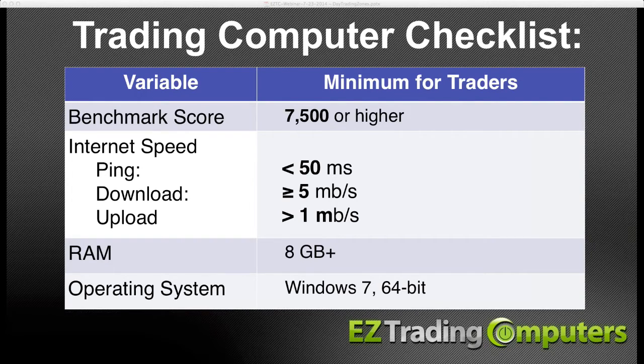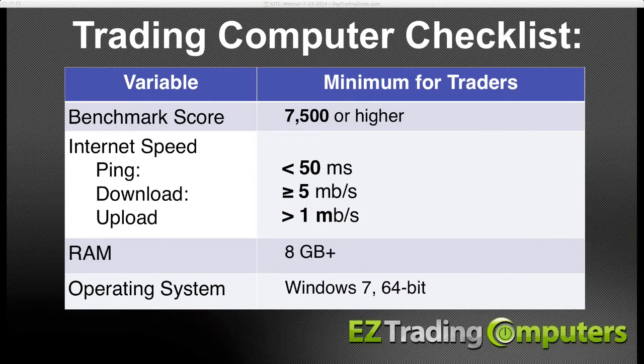And then we talked a little bit about this already, but something called your operating system. Windows XP we talked about is a no-no. So we want at least Windows 7. And I prefer Windows 7 still to this day. 8 works. 8.1 works. People just tend to not like the interface.